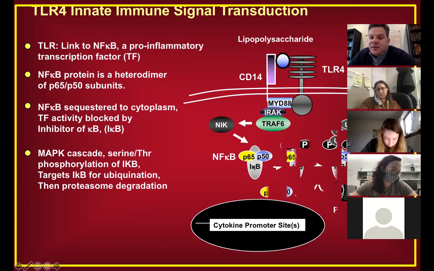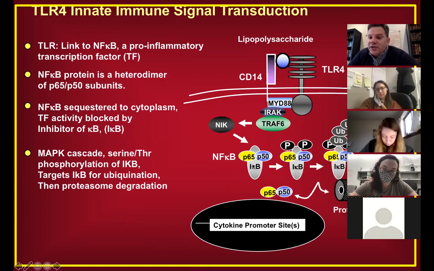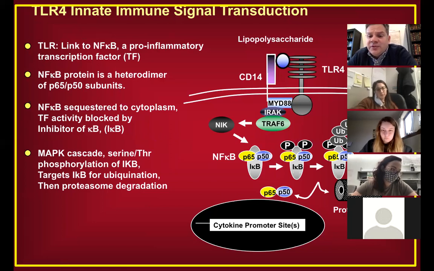And this phosphorylation, this is a serine threonine phosphorylation, then sends it to be ubiquitinated, which is a cell process that we generally use to destroy things. It goes to the proteasome and chops up the inhibitor of NF-kappa B, the I-kappa B. This allows this heterodimer of P65 and P50.